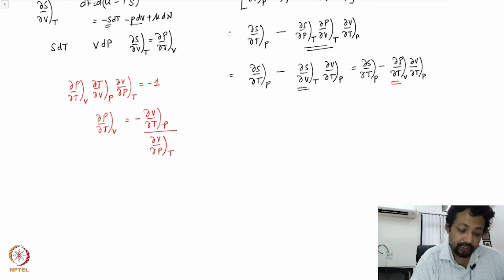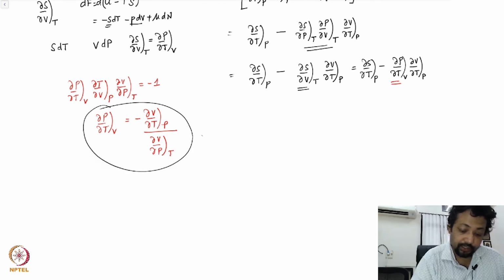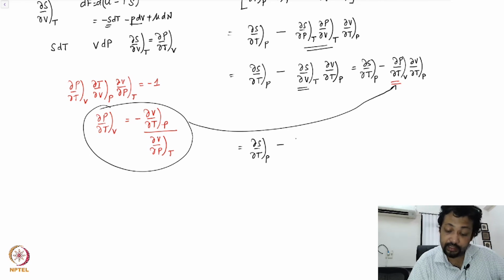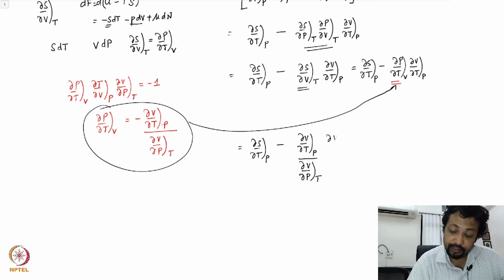Then I use this relation over here. So this means this is del S del T at constant pressure minus del V del T at constant pressure divided by del V del P at constant temperature times del V del T at constant pressure. This becomes a plus.